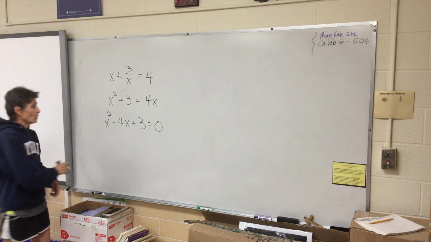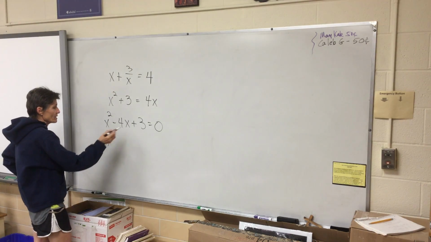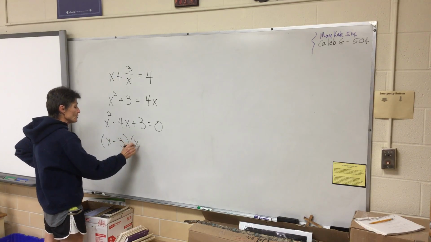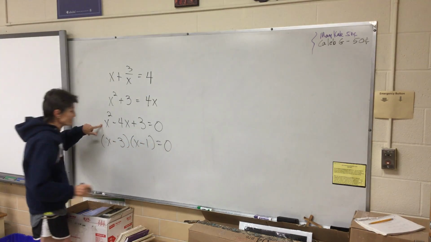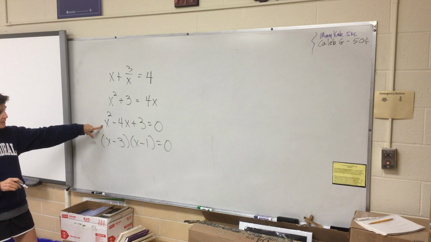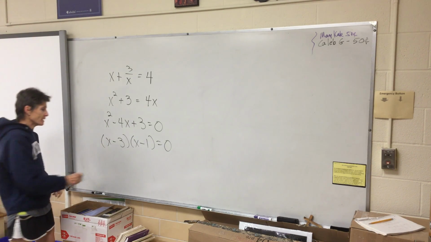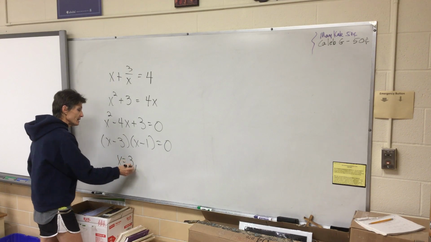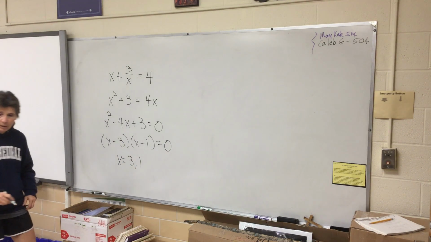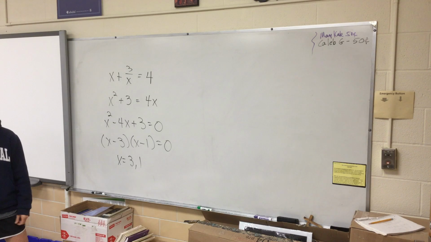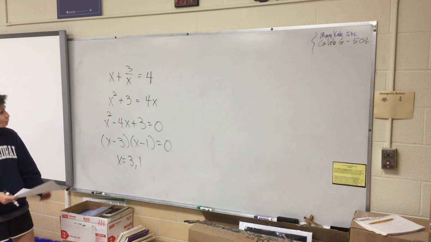Factor it? Yep, or if you wanted to, you could do the quadratic formula, right? Isn't that a little quadratic equation? But this one does factor quite handily. So I get 2 answers, 3 and 1. Done. That wasn't so bad.